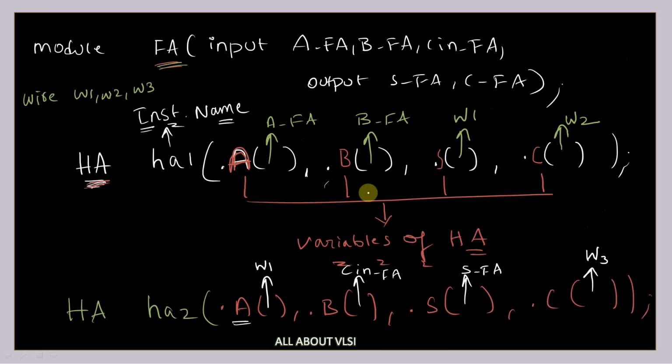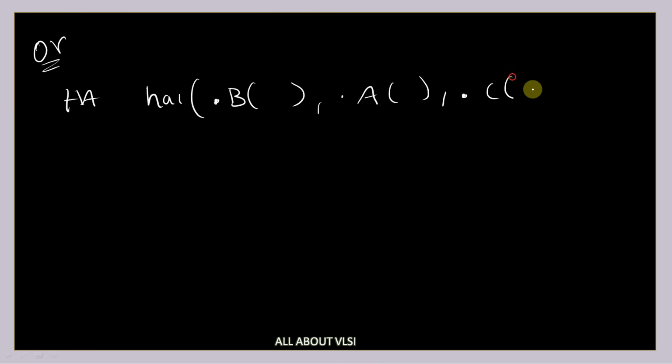In connection by name, for example, you can simply write HA1 and start with dot B, comma, dot A, comma, dot C, comma, dot S. No issue.